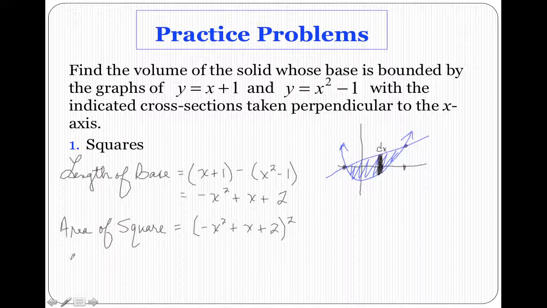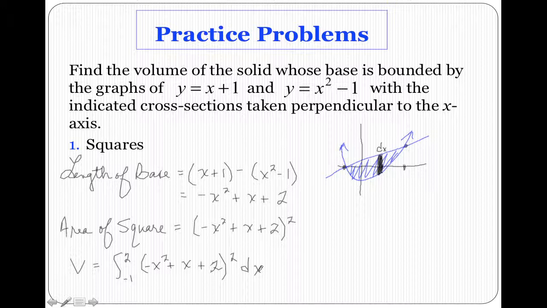So finally, to get the volume, you're simply doing the integral from -1 to 2. Those were our limits of integration, remember, from the x values. It's always the area of whatever type of cross section you're taking. And we knew it was a dx problem.